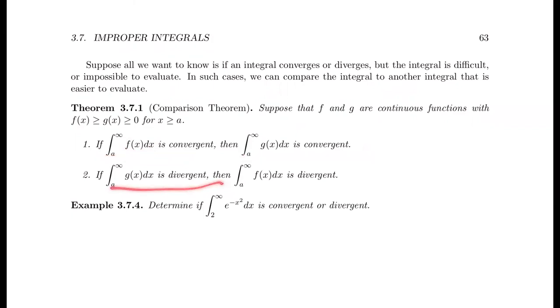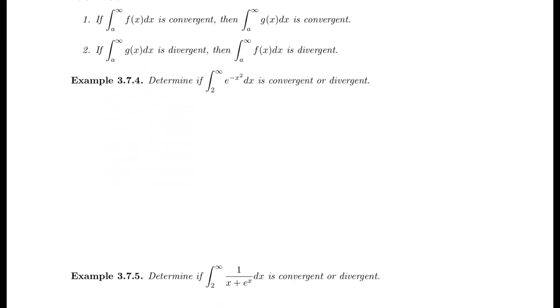If g of x is divergent, then f of x is also divergent. Okay, so let's say, for example, we want to determine if the integral from 2 to infinity of e to the power negative x squared dx is convergent or divergent. Well, this is actually a hard integral to compute, which basically is out of the scope.